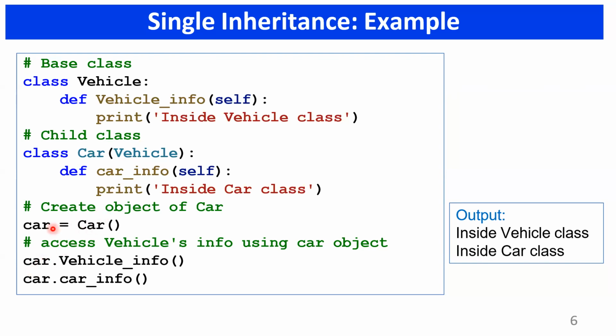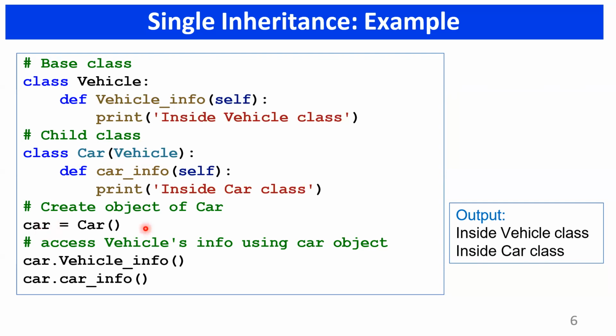Since car is a child class object, it inherits the properties from the base class, the Vehicle class. So now the car object is associated with the method vehicle_info as well as car_info. Since car is an object of the inherited class Car, car_info will be a method of the car object.